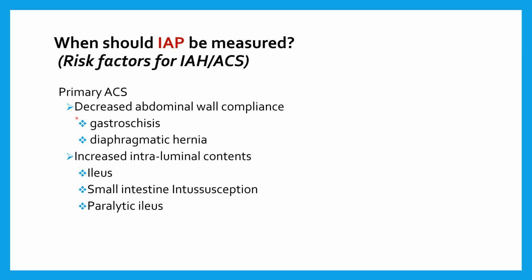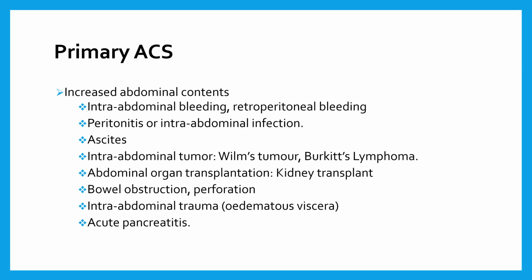So the wall of the cavity, like the abdominal wall, is less compliant, as in cases of gastroschisis or diaphragmatic hernia, or even sometimes we see it in abdominal wall edema due to severe heart failure or severe sepsis with capillary leak, or increased intraluminal contents as in ileus or small intestinal intussusception.